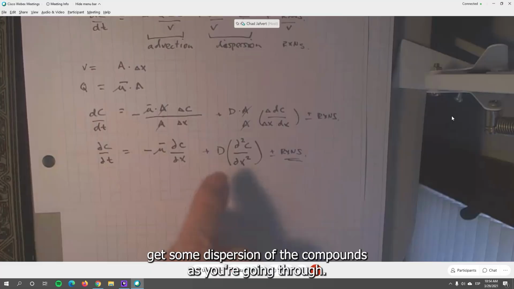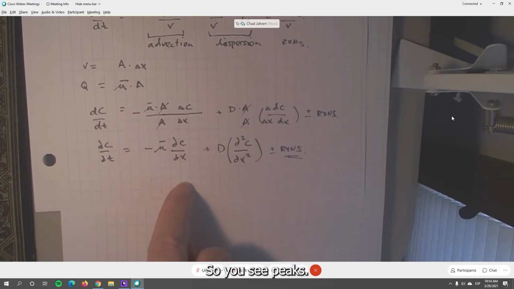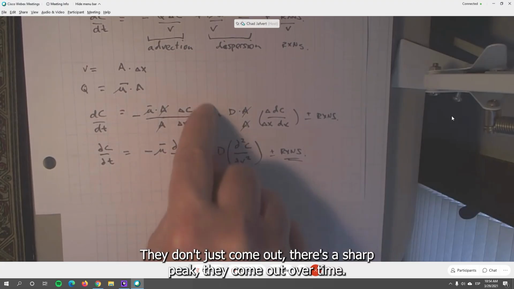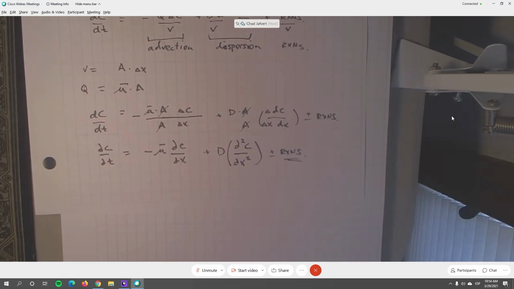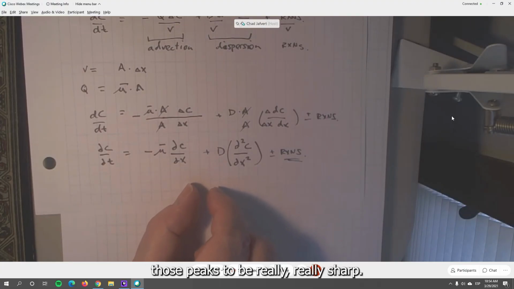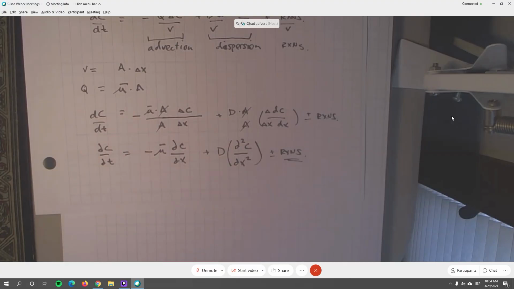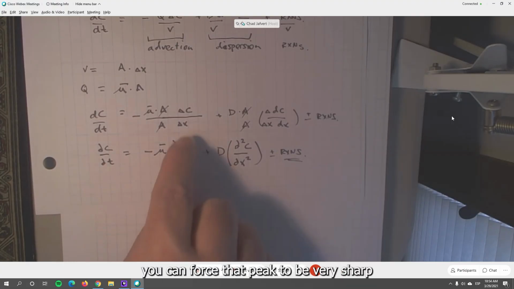You do get some dispersion of the compounds as they're going through. So you see peaks. They don't just come out as a sharp peak. They come out over time. And sometimes you could push those peaks to be really, really sharp. If, for example, for an LC, you run a gradient with solvent, you can force that peak to be very sharp.